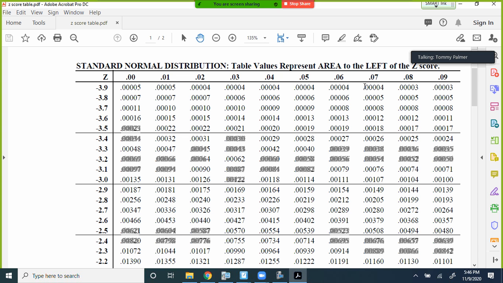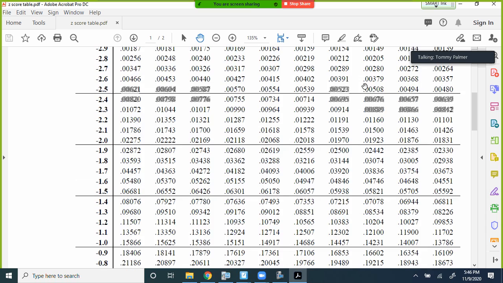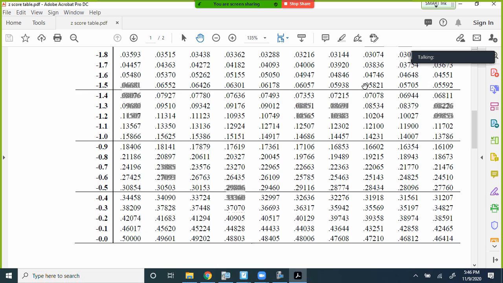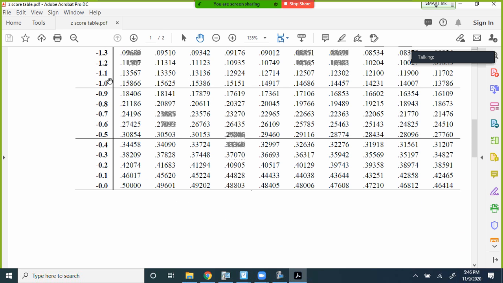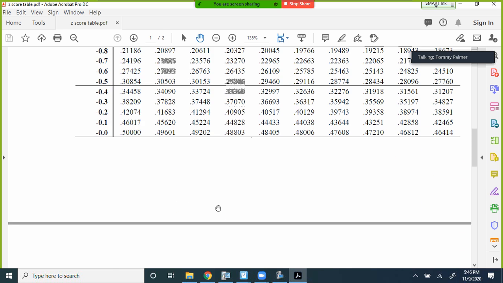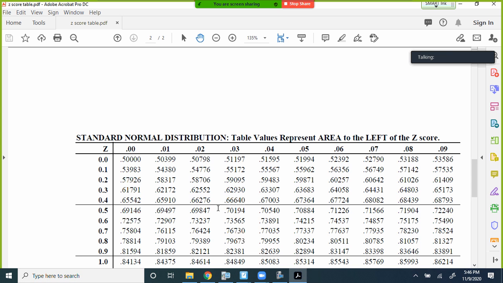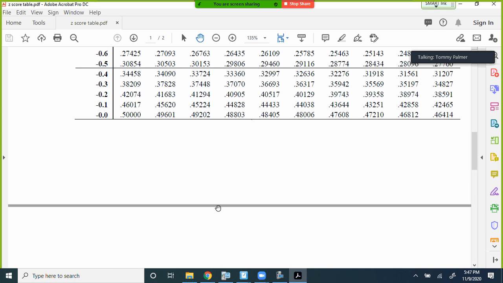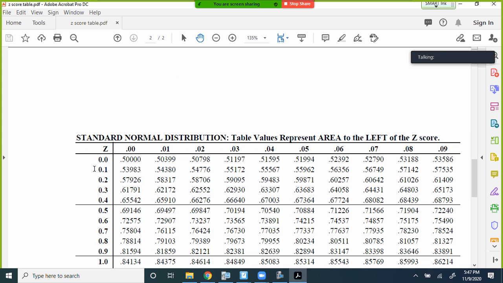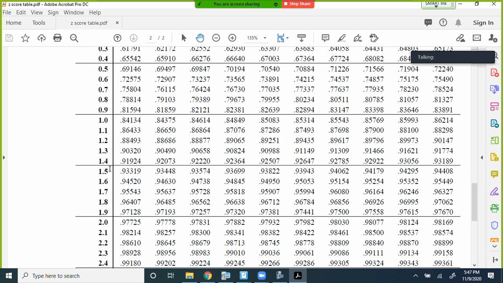Going vertically is the tenths, and going across horizontally is the hundredths place. It goes all the way down to 0, and then it goes positive.